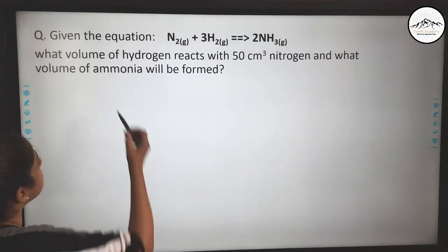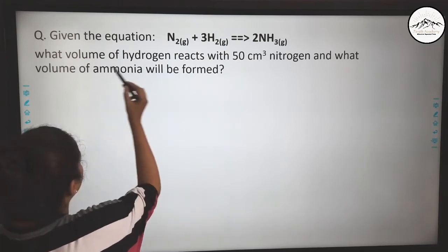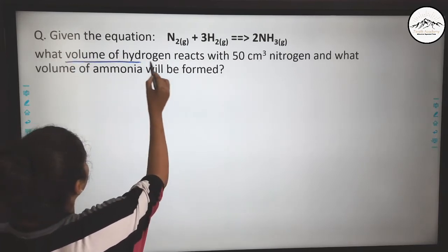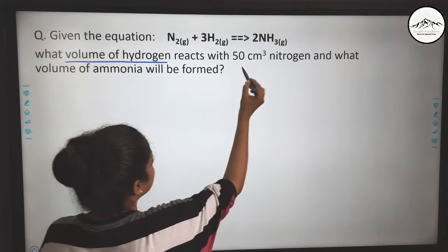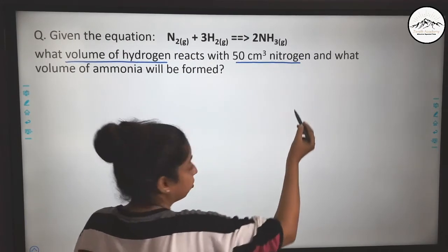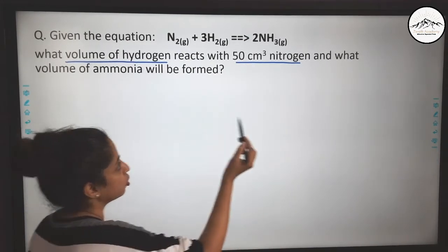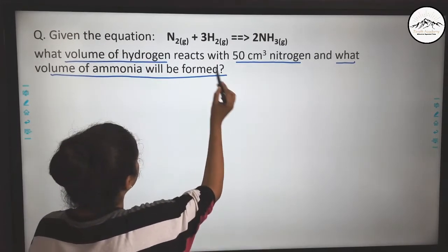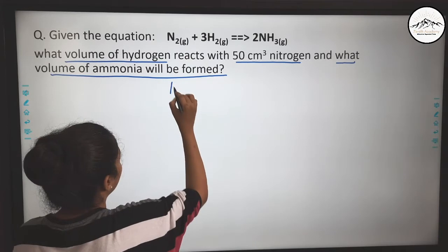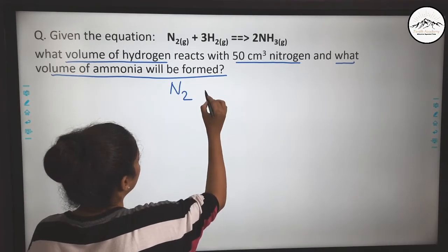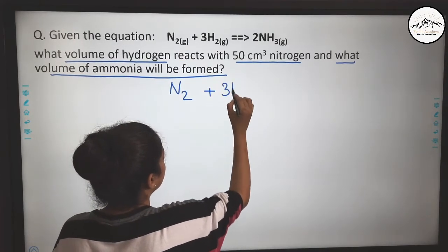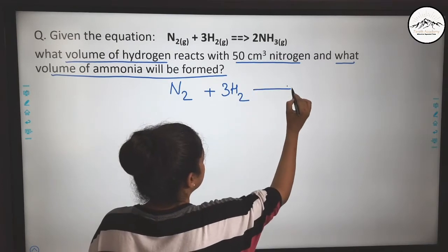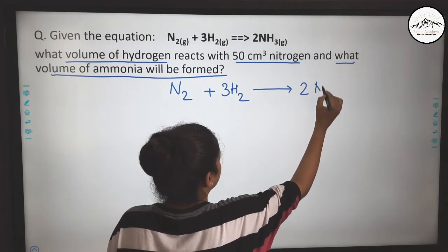So our question is, given the equation, what volume of hydrogen reacts with 50 centimeter cube of nitrogen, and what volume of ammonia will be formed? They have given the volume of nitrogen. So if you see this reaction, I am writing the reaction again: N2 plus 3H2 gives 2NH3.